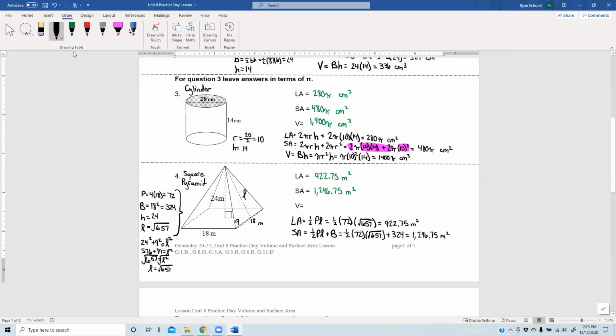And last but not least on this one, volume. So volume is going to be 1/3 BH. So 1/3 B is 324. H is 24.